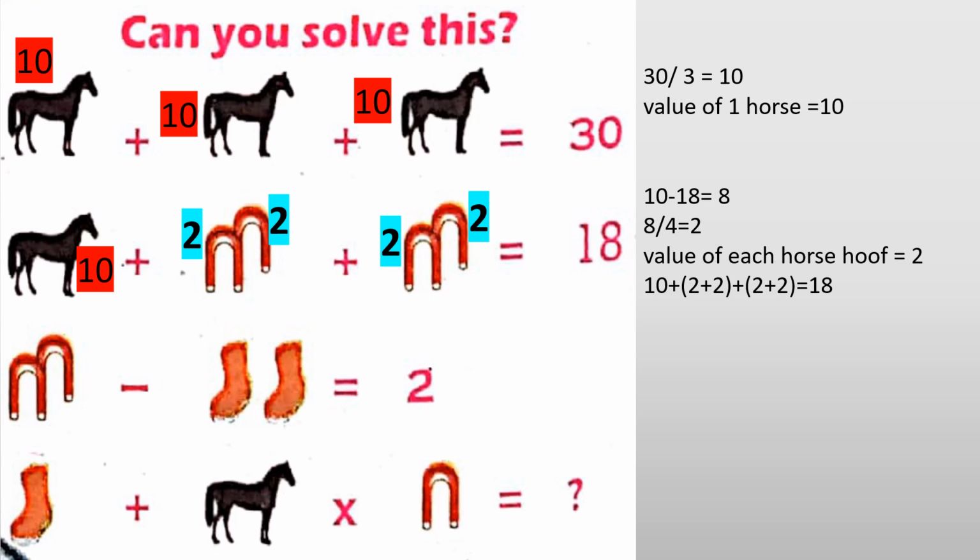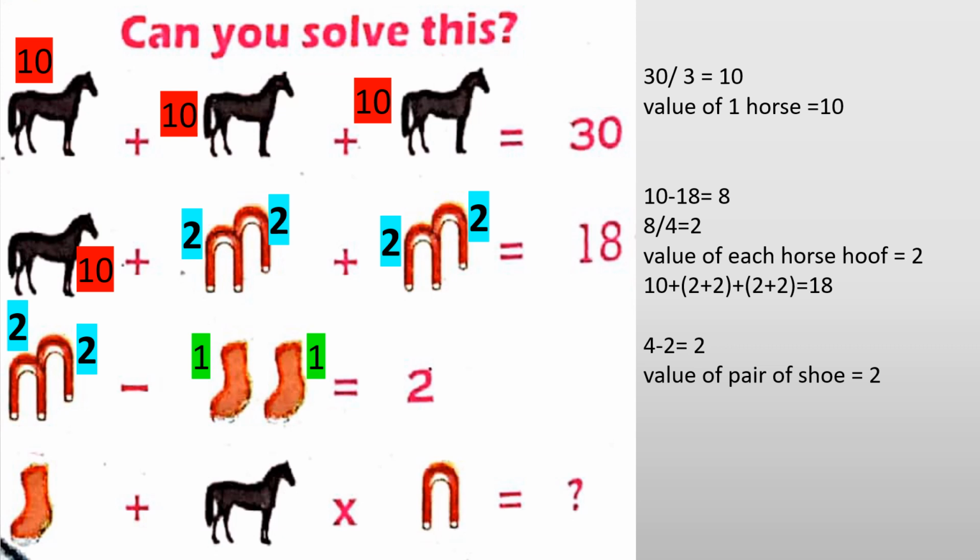In the third row, we know the value of a pair of horse hoof is 4. So, if we subtract the value of the horse hoof from the answer of the third row, we get the value of a pair of shoes, that is 2.